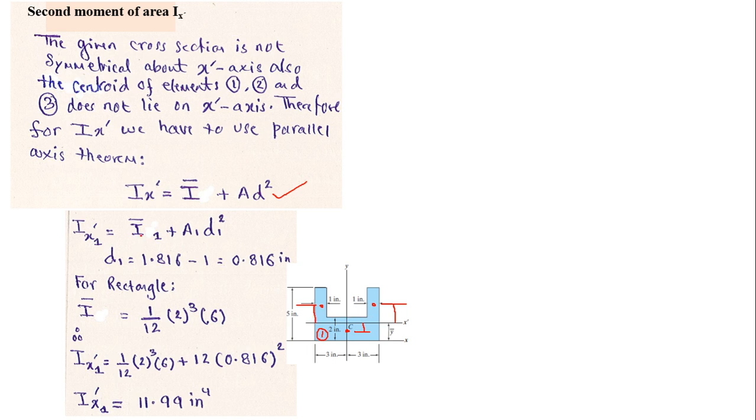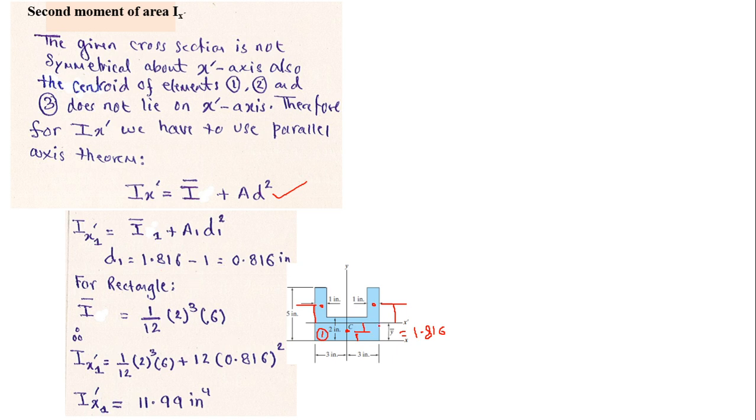That will translate to I dash 1 equals I bar 1 plus A1 D1 square, and D1 will be 1.816 minus 1, because this y dash we have calculated to be 1.816 in the previous slide, and this distance was 1 inch.